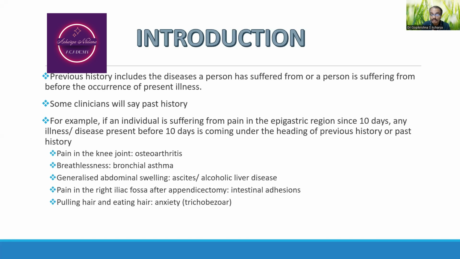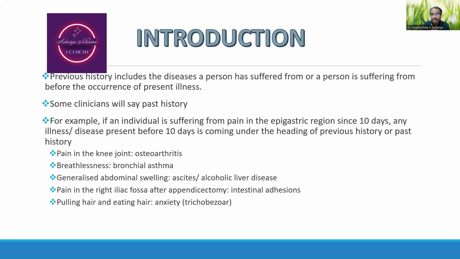So that's what is being mentioned here. An individual suffering from pain in the gastric region since 10 days: any illness or disease present before 10 days comes under the documentation of previous history or past history.